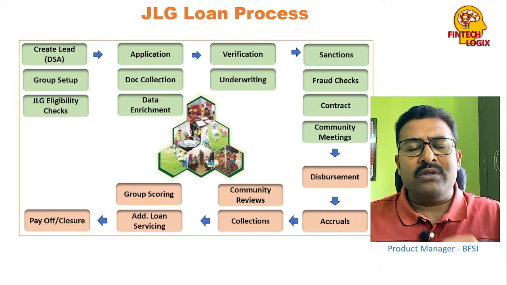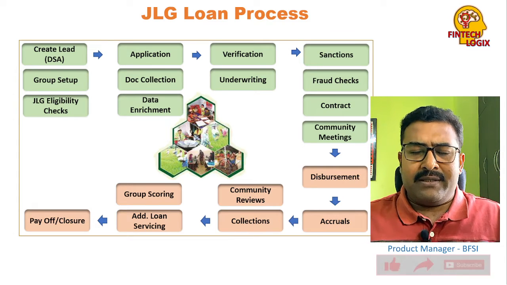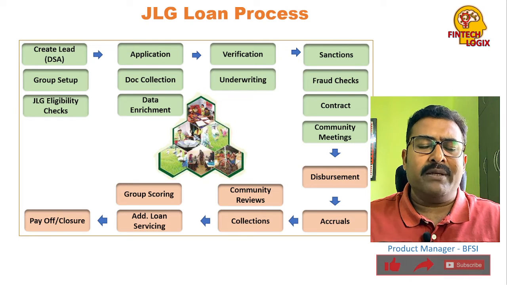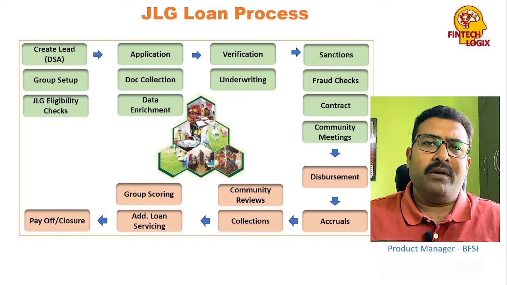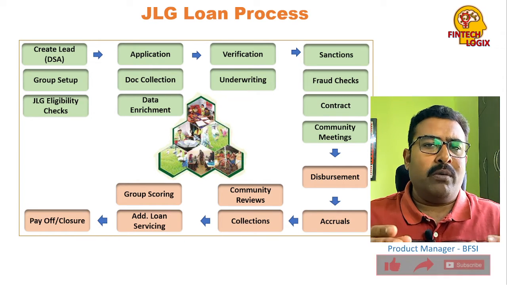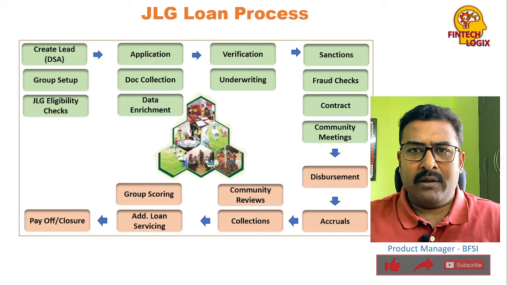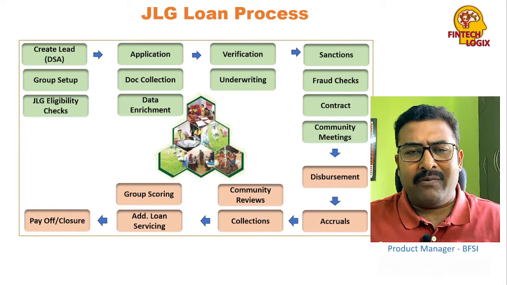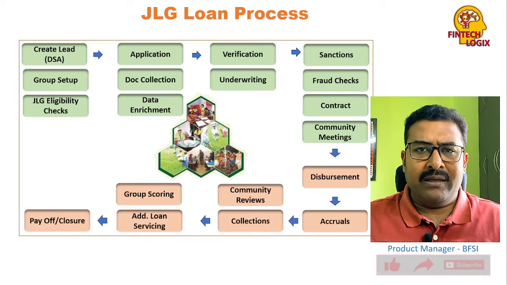So all those discussions are done in this community meeting to make all the members aware about the terms and conditions. Once it is done, a disbursement is made to individual members, and then the normal cycle flows of accruals and collections.